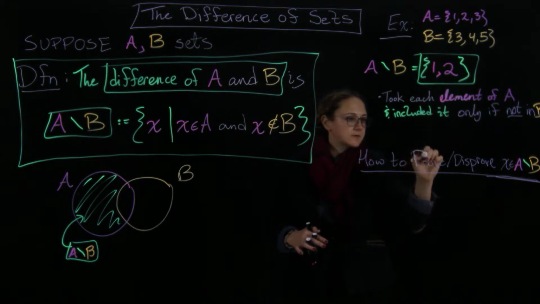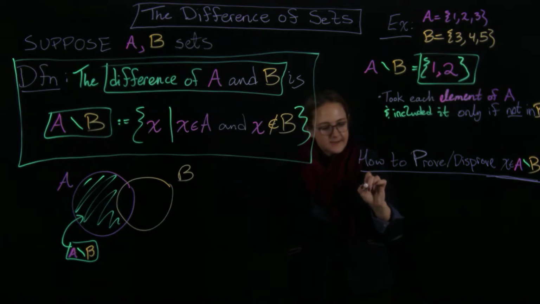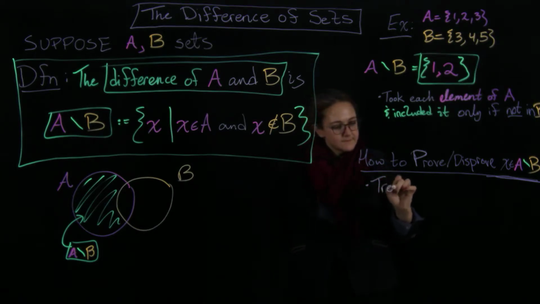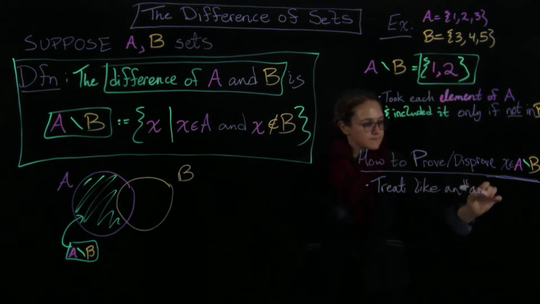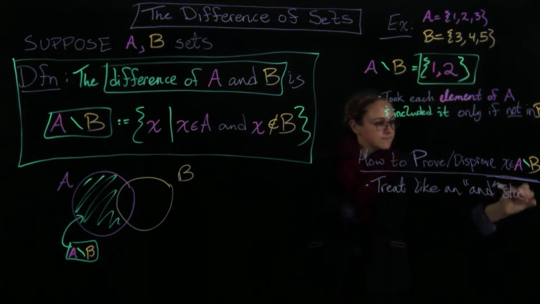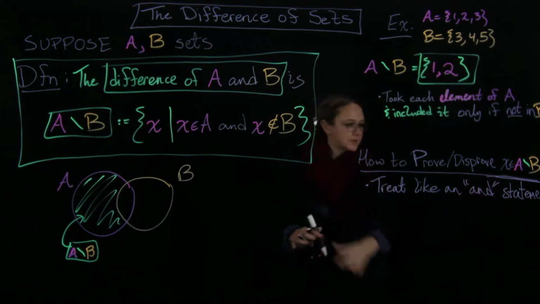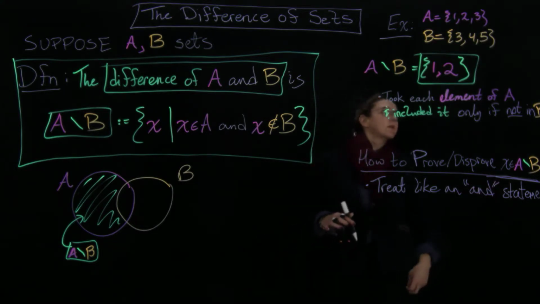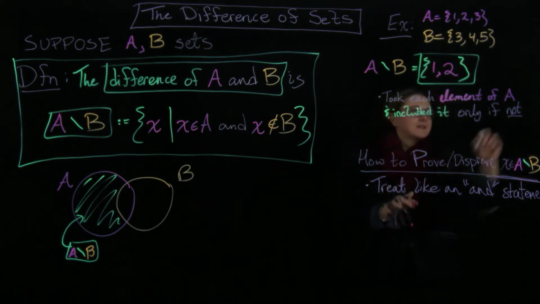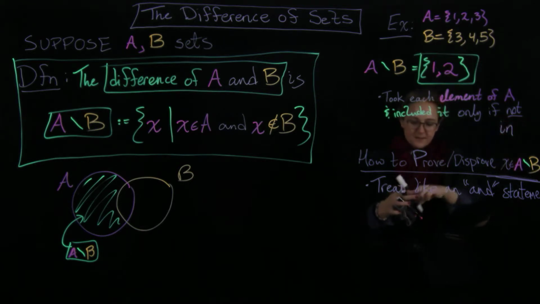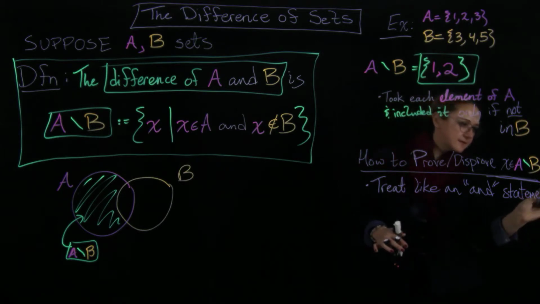The marker's not showing up perfectly there. To show that x is in A and x is not in B, I didn't realize my system here is a little bit off of where it usually is.